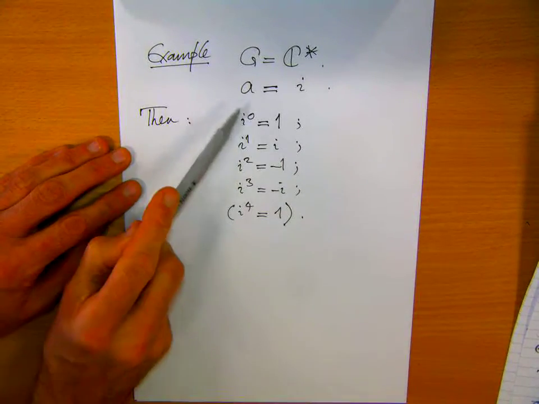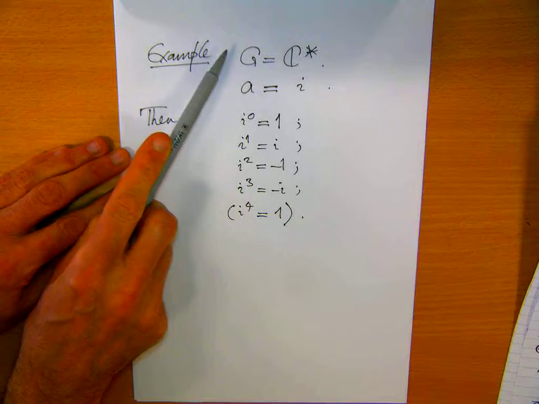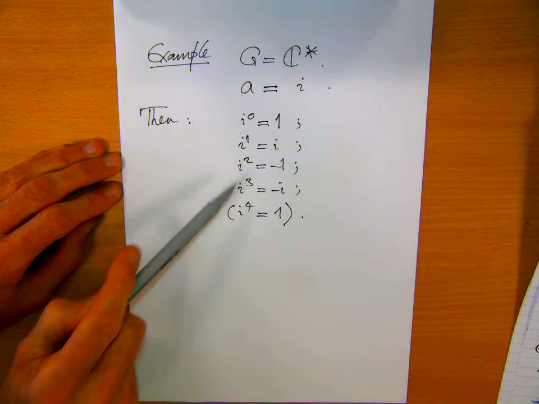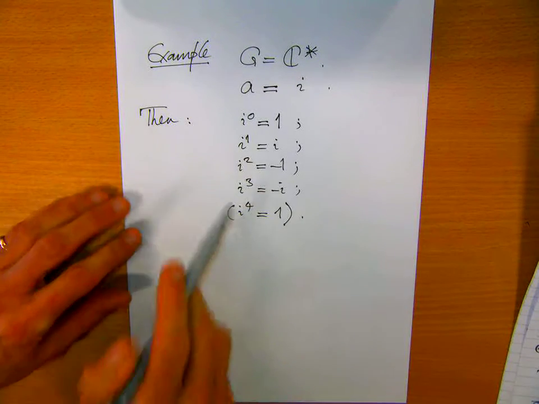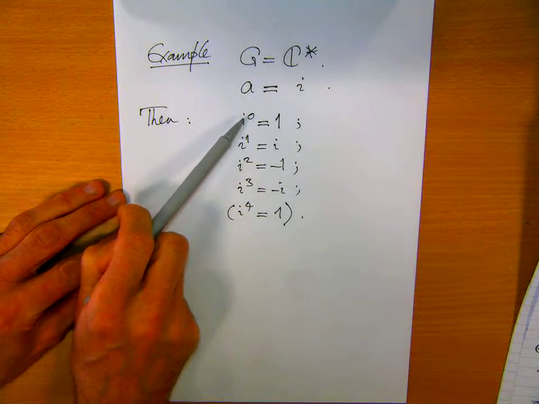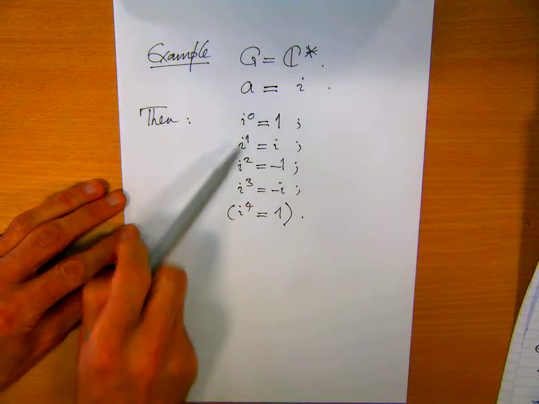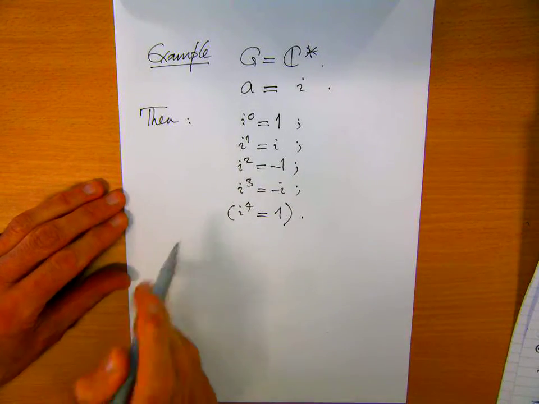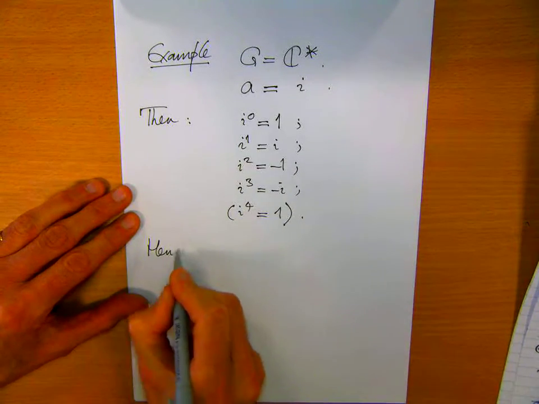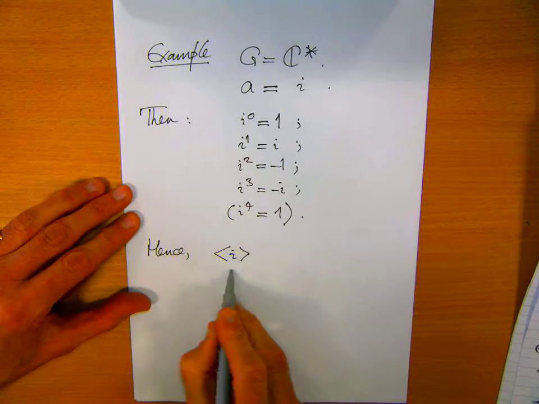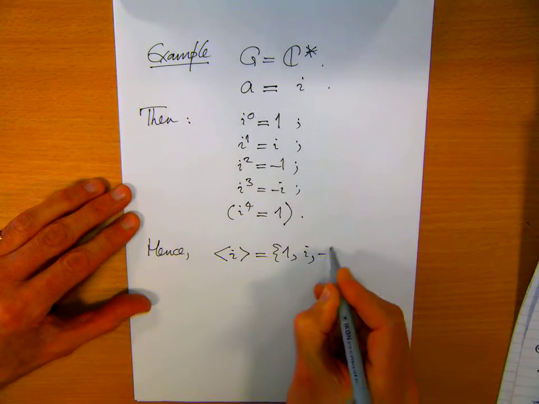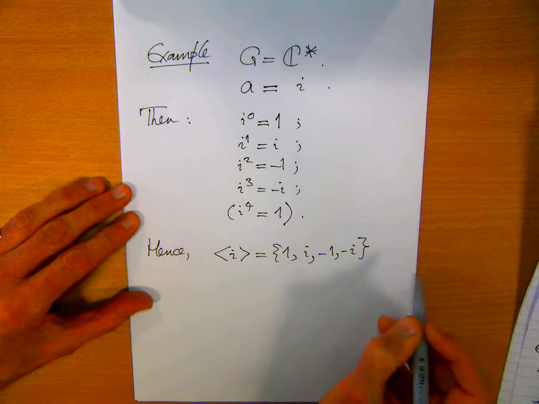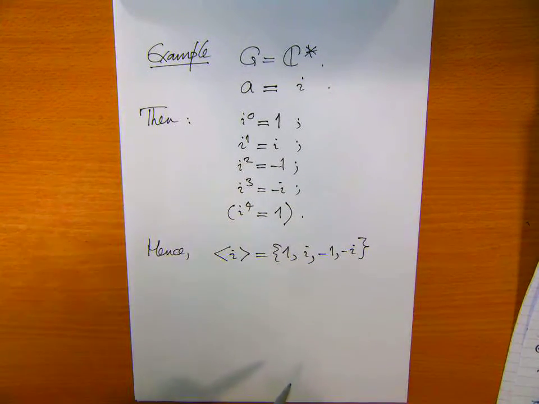If I'd gone in the negative direction, minus 1, minus 2, minus 3, I would have also got back to 1 when I got to minus 4. So although in principle there are an infinite number of powers of i, there are only 4 distinct ones. So the cyclic subgroup generated by i, although in principle it's got an infinite number of powers of i in there, has actually only 4 distinct ones.